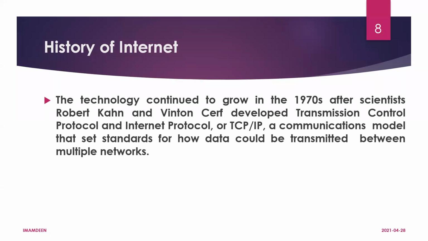Two scientists, Robert Kahn and Vint Cerf, together created the communication model called TCP and IP. They set the standard for how data could be transmitted between multiple networks. Because they invented this, the internet became popular worldwide. So the internet got popular after they introduced IP and TCP.